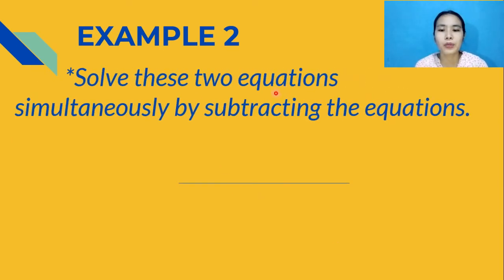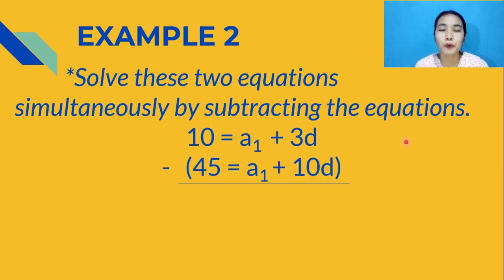We solve these two equations simultaneously by subtracting the equations. We have 10 equals a sub 1 plus 3d, and 45 equals a sub 1 plus 10d. Remember, in subtracting, we change the sign of the subtrahend and then we proceed to addition. So between these two equations, 45 equals a sub 1 plus 10d will be the subtrahend.